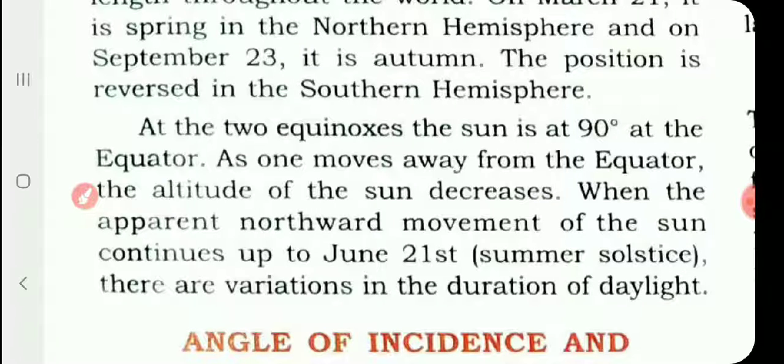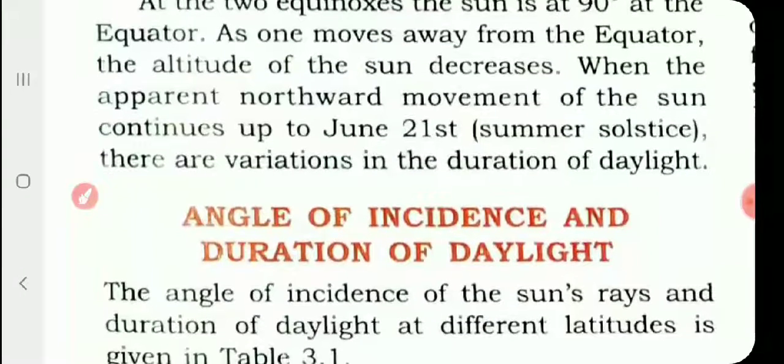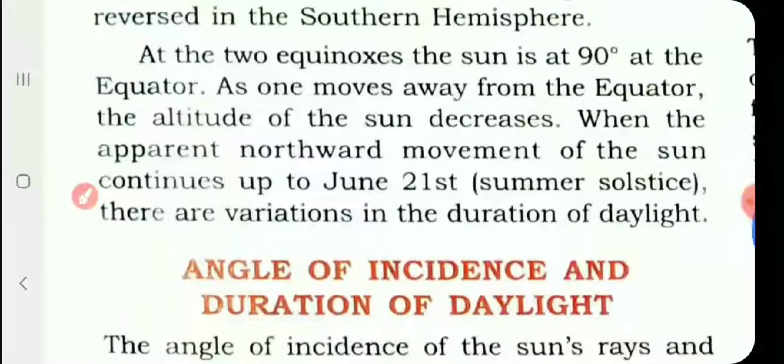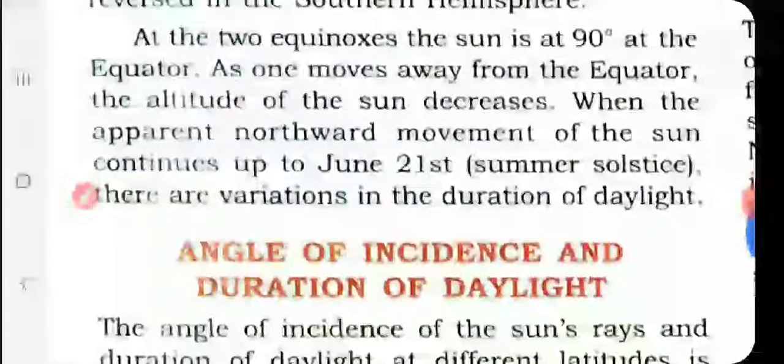From 21st June to 23rd September, and from September to 22 December, there are variations in the duration of day and night, and only 2 days are there when there is no variation.